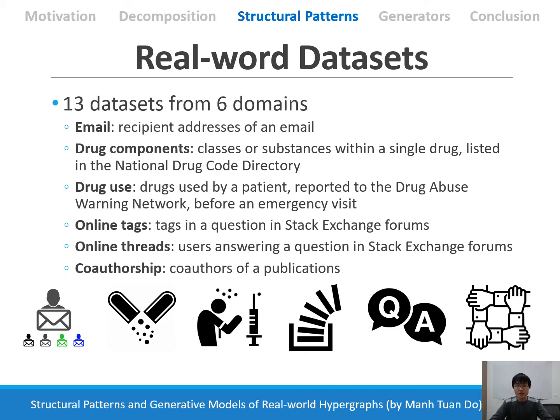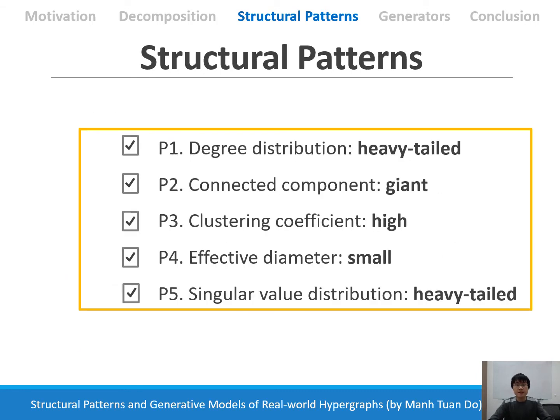However, they share the same set of common patterns. Investigating this real-world hypergraph dataset, we consistently find 5 structural patterns that are evident in all decomposition levels: habitual degree distribution, giant connected component, high clustering coefficient, small effective diameter, and habitual singular value distribution.